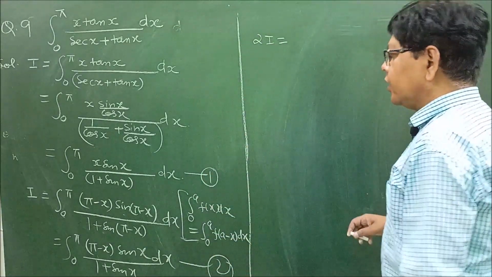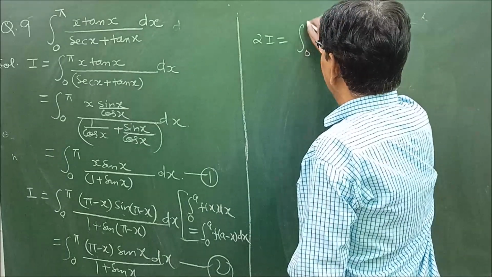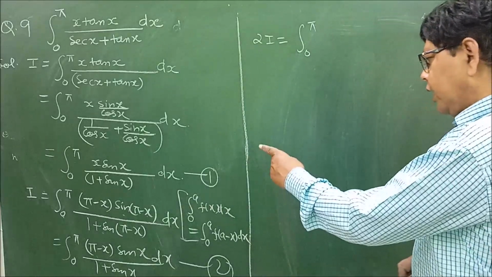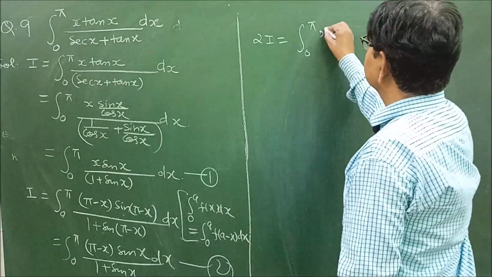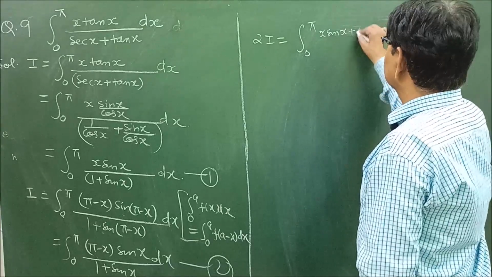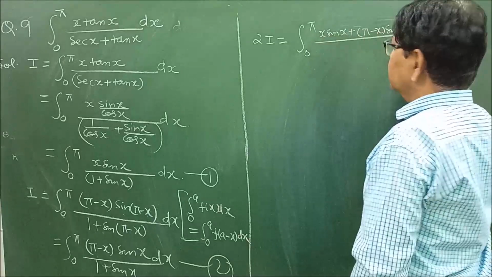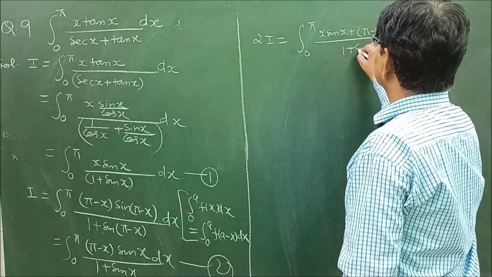So if we add these two equations, then 2I is equal to, now both are having the same denominator, so we add 0 to pi, and in the numerator we have x sin x plus pi minus x times sin x, upon 1 plus sin x dx.